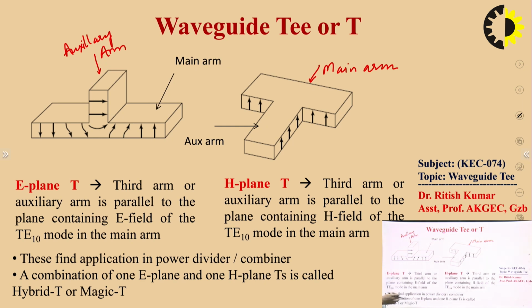You can see the orientation of the electric field in the main waveguide in both plane tees. In the main waveguide you can clearly observe the field distribution in the upward direction or downward direction, right.